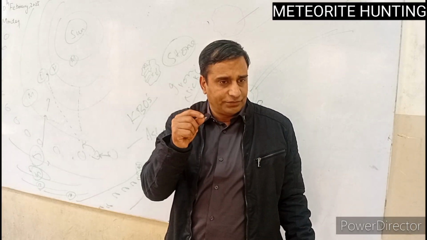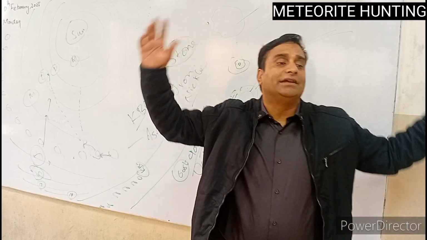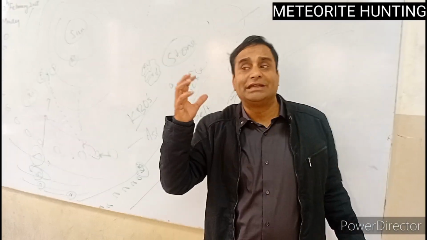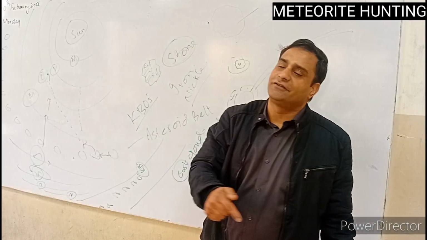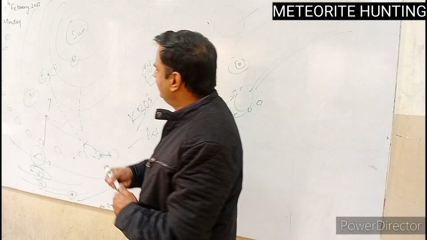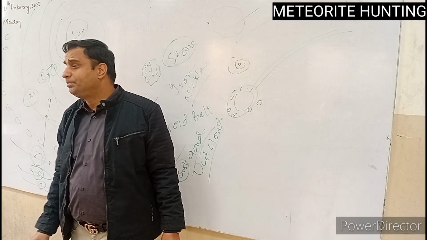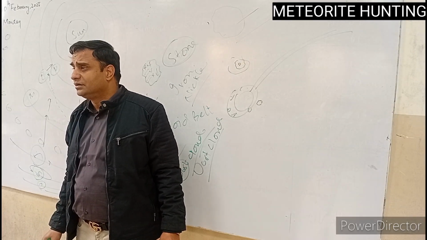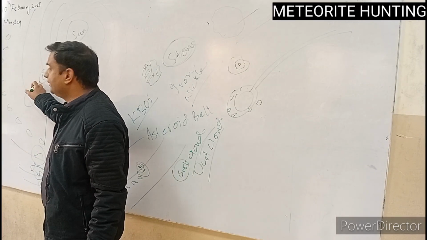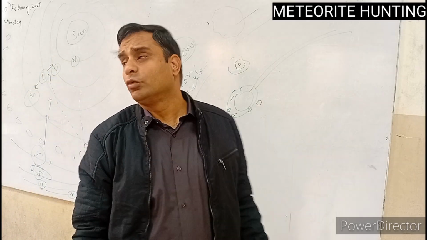Everything in the solar system, no matter how small or how big, is making sure that we survive. Think that Earth would be just a bit closer to the Sun, we would be baked. Think that the Earth is just a bit away from the Sun, we would be frozen.